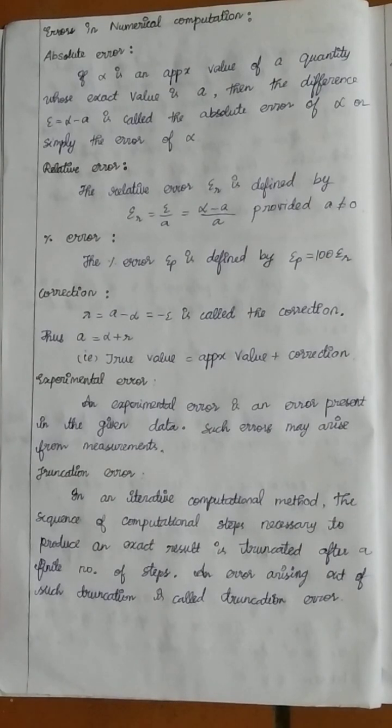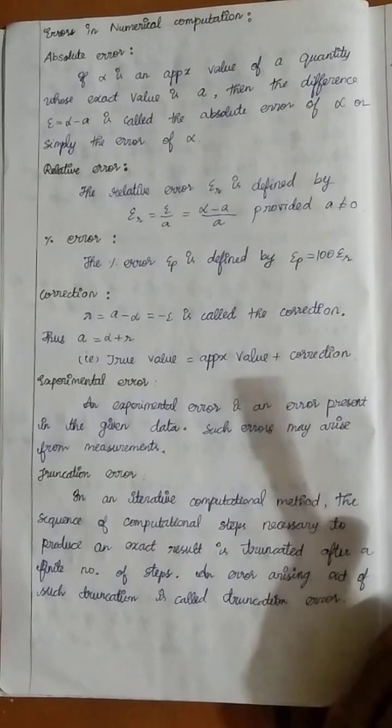And if I add that correction term to my approximate value, I will get the exact value. I'm having the approximate value as 2.5233 and my correction term is minus 0.5233. So I am subtracting it, and I am getting 2 as my exact value. So true value equals approximate value plus correction.